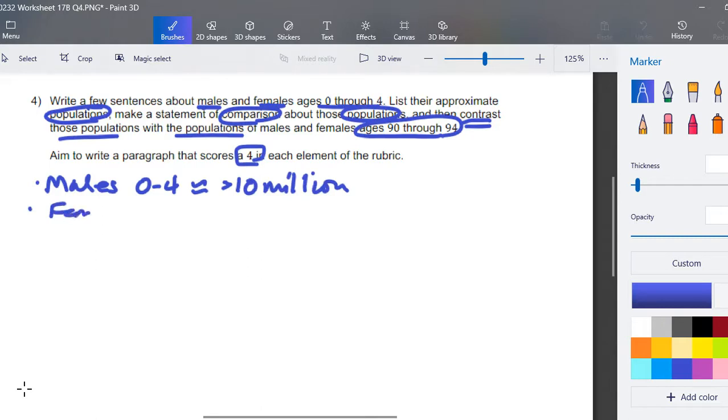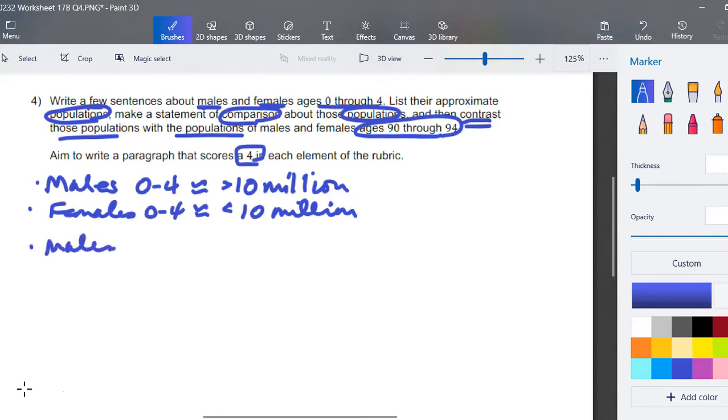We're also going to write about females, ages 0 to 4, and their population looks like just a little under 10 million. It just looks like the guys have a little bit more population than the girls.